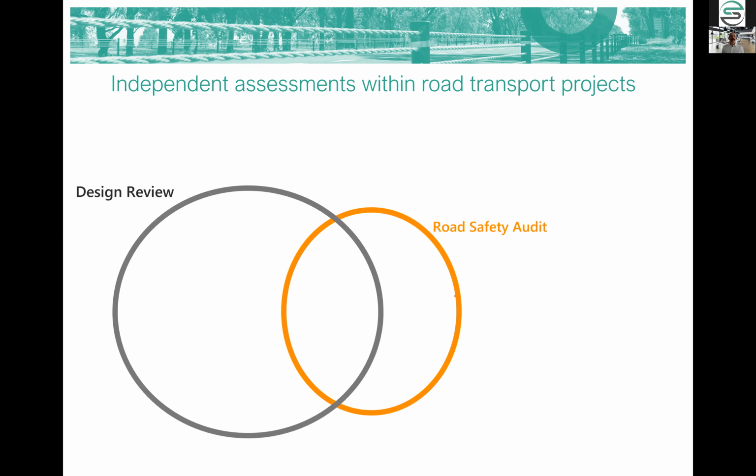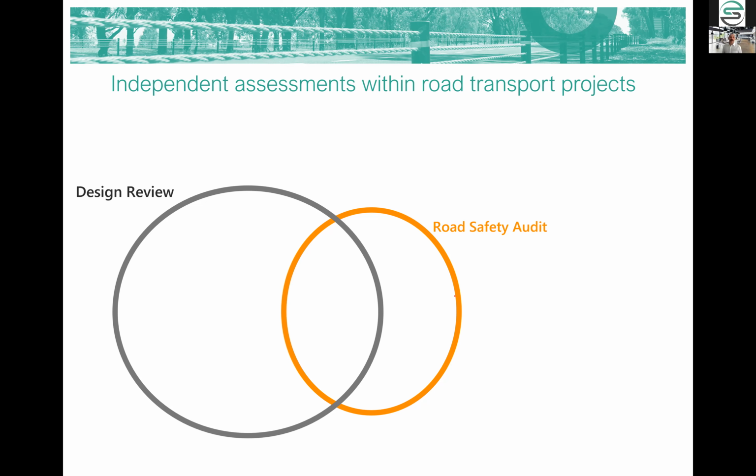Now, there's a thing called a design review, and it's where an independent set of eyes will look at an infrastructure project from a design perspective, independently redoing calculations that have been done, checking things conform with standards, and reviewing how well it's all going to fit together.